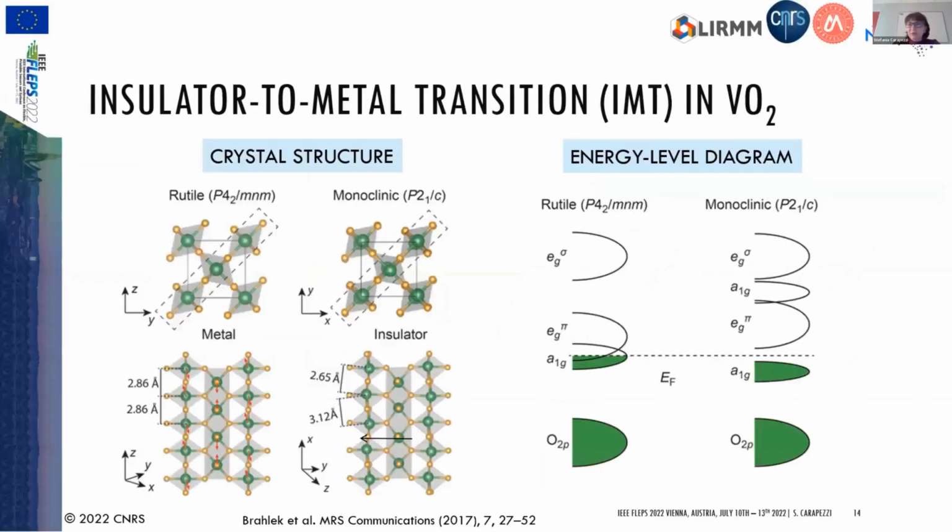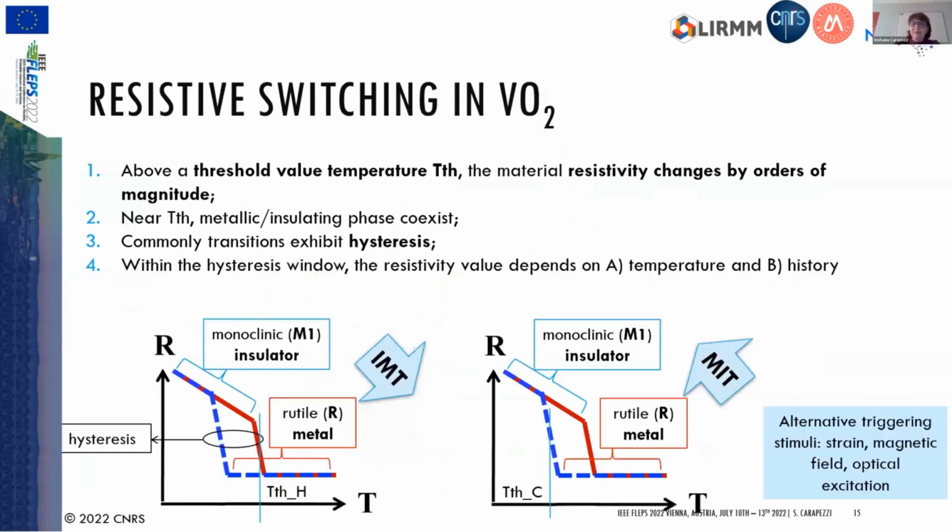So to introduce vanadium dioxide, it is a transition metal oxide, and it has many important characteristics, properties, but the most important, at least for the application that I'm showing, is the possibility to make a transition from insulator to metal. So there is a change of structure, and this is triggered by temperature, and this brings the so-called resistive switching, which means a change in the resistance, even of orders of magnitude.